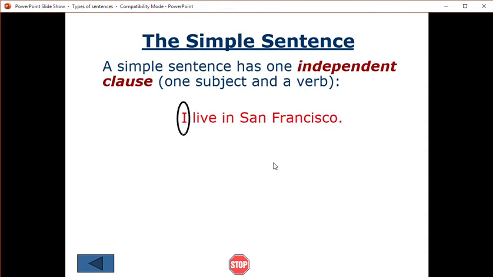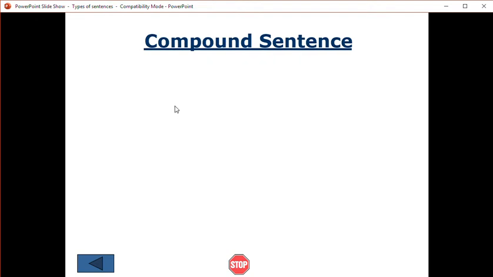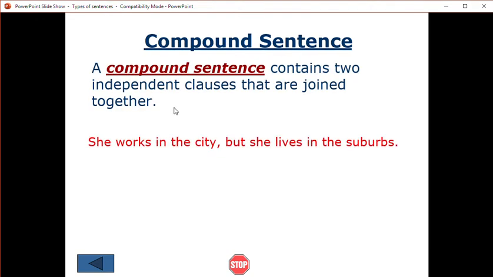Simple sentences are simple. Subject, verb. I live in San Francisco. It has a subject, it has a verb, okay? That's all it is. No babies, no other moms, it's one complete idea. Compound sentences you probably know too. Two complete ideas, okay?